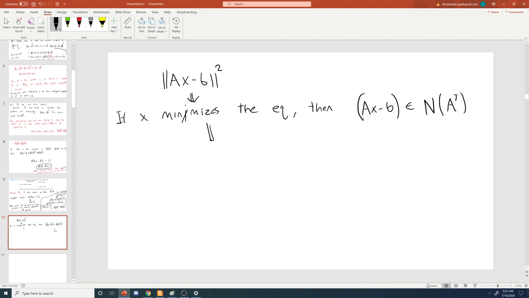But that in turn implies that A transpose Ax is equal to A transpose b.